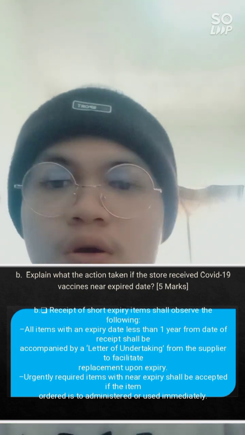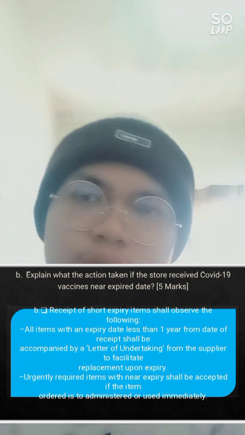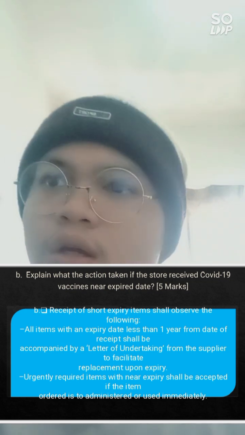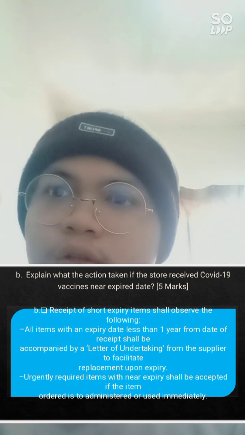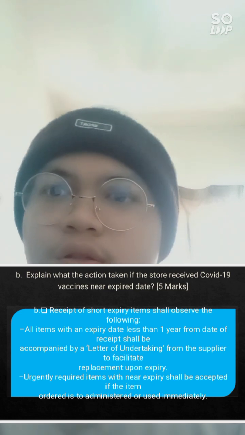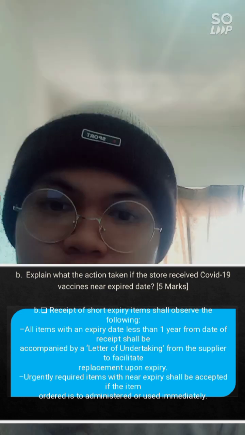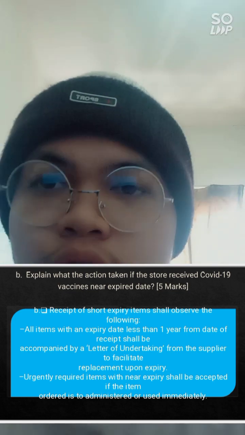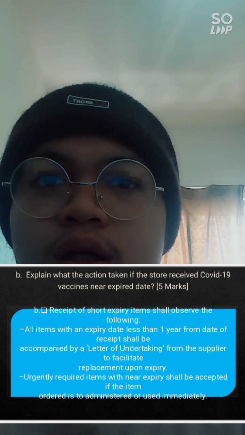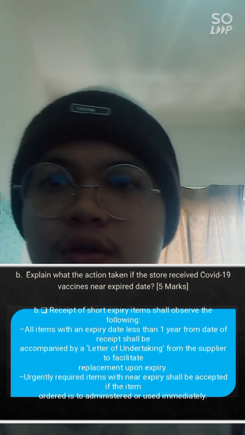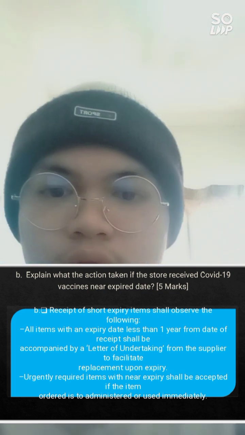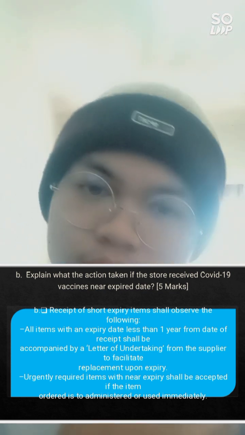All items with an expiry date of less than 1 year from the date of receipt shall be accompanied by a letter of undertaking from the supplier to facilitate replacement upon expiry. Urgently required items with near expiry date may be accepted if the item ordered is to be administered or used immediately. So this is one of the warnings.